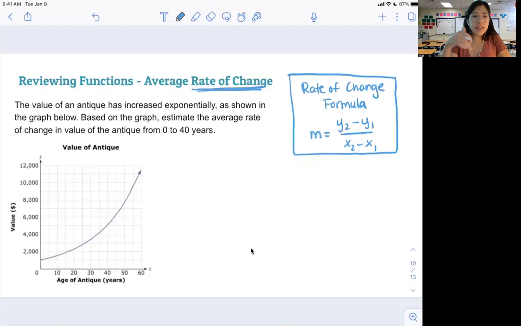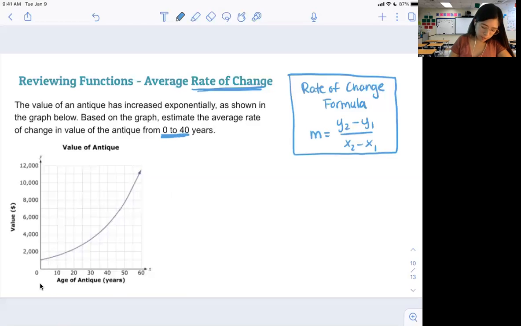The value of an antique has increased exponentially as shown in the graph below. Based on the graph, estimate the average rate of change in value of the antique from 0 to 40 years. So they're always going to tell you the interval. And you just have to go look on your graph to see what that interval would actually be.